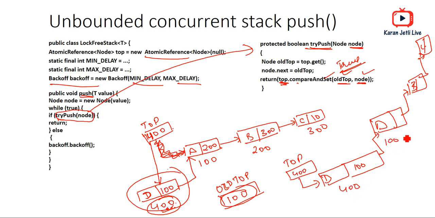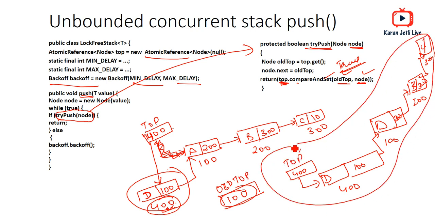What is the address of A? 100. What is the address of B? 200. And what is the address of C? 300.